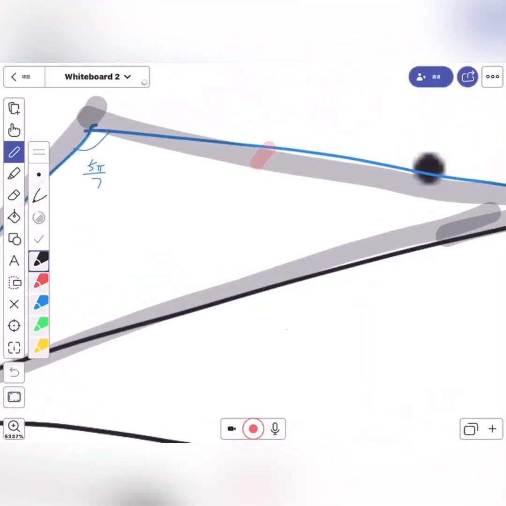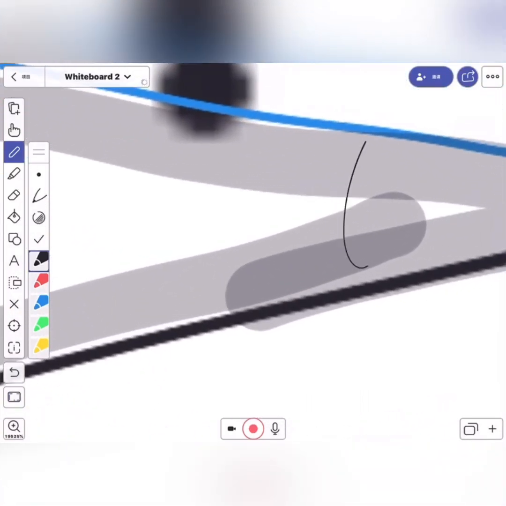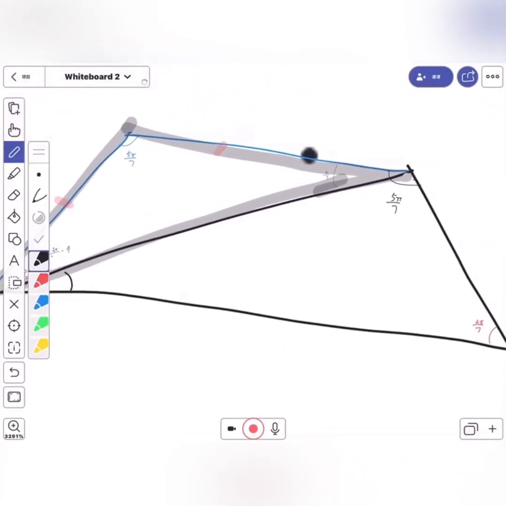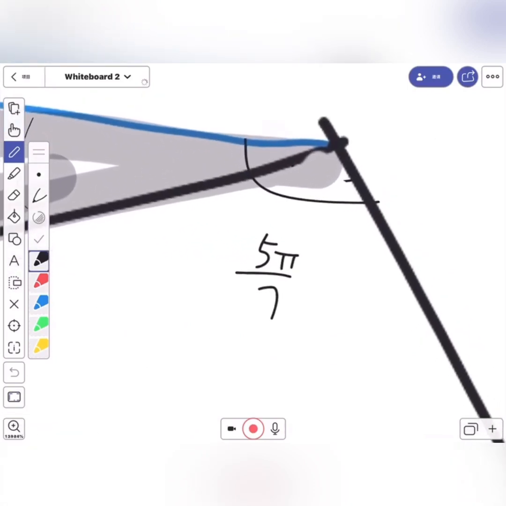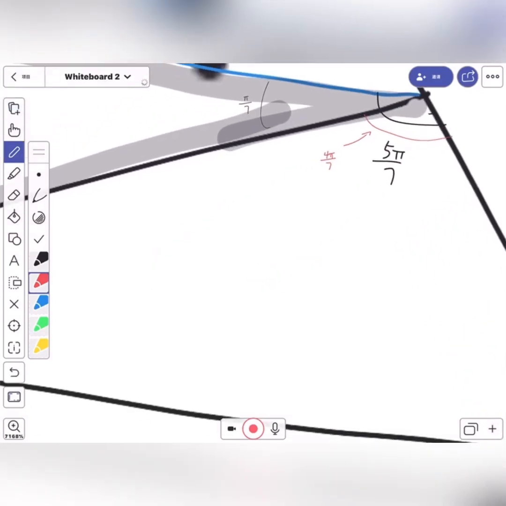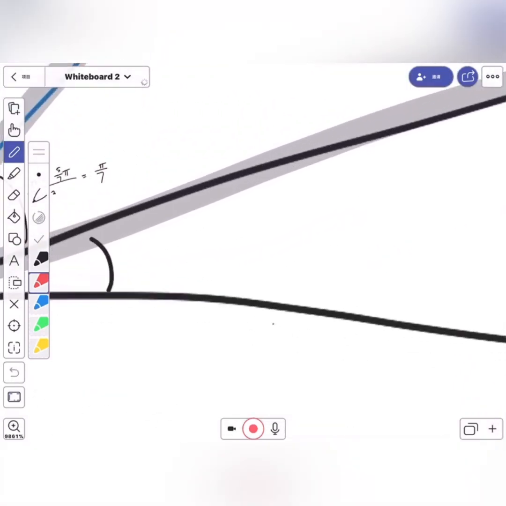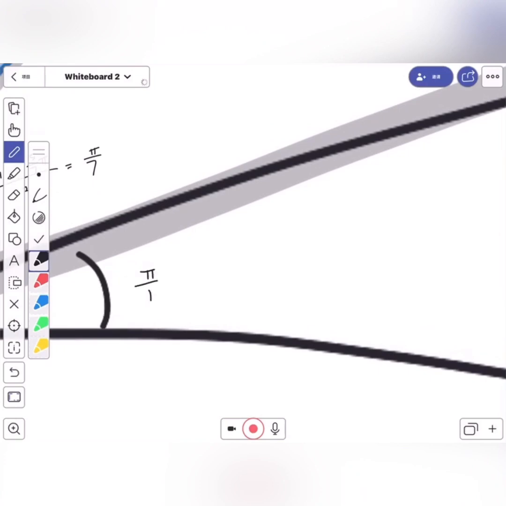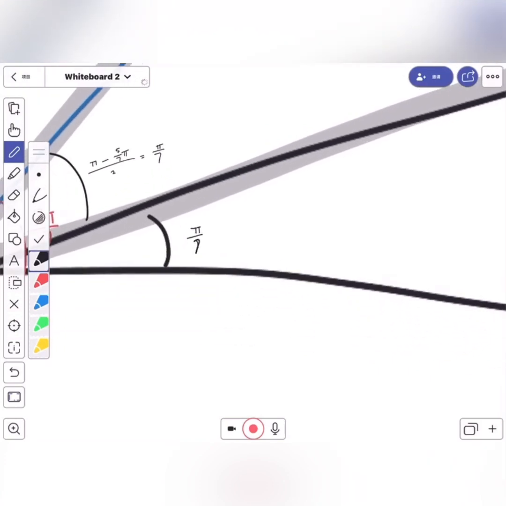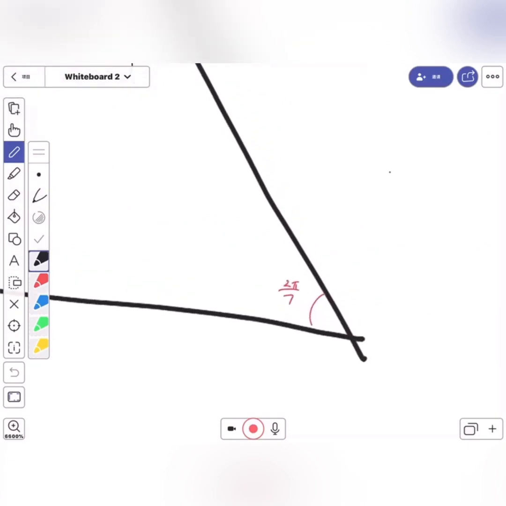And that is actually the same with this angle, pi over 7. So we now know that this angle is actually 4 pi over 7. This angle is pi over 7, while the angle over here is just 2 pi over 7.